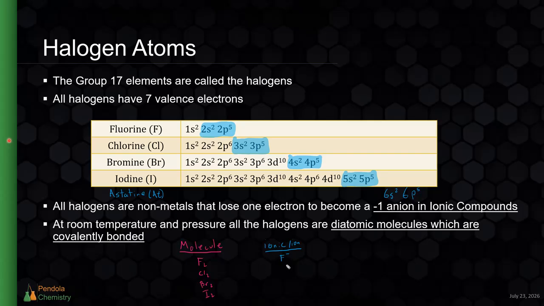So fluorine will be F minus, chlorine will be Cl minus, bromine will be Br minus, and iodine will be I minus. So when we have a compound like sodium chloride, for example, NaCl, this sodium chloride is made of the sodium ion, Na+, and the chloride ion, which is Cl minus. So in any ionic compound, there will be -1. In a molecule, they'll be by themselves. In a molecule, they'll be diatomic.